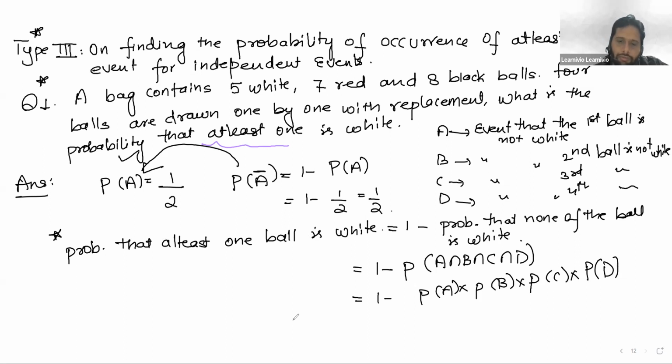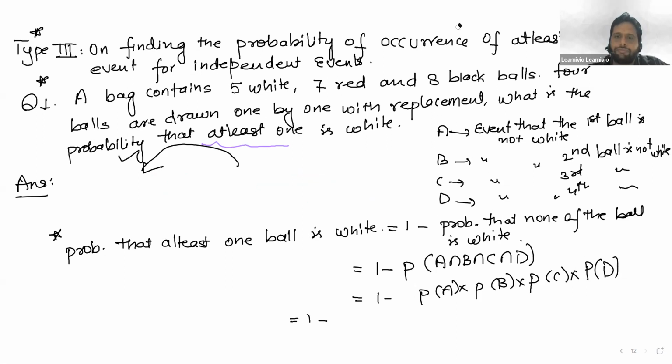So now we will find all the values. 1 minus what is P(A)? P(A) means none should be white. So 5 are white, and the non-white balls are 15. So 15 by 20. P(A) is 15 by 20, which is 3 by 4.